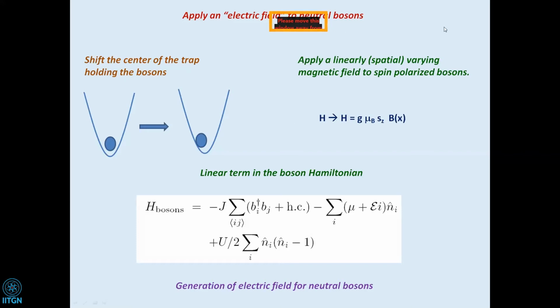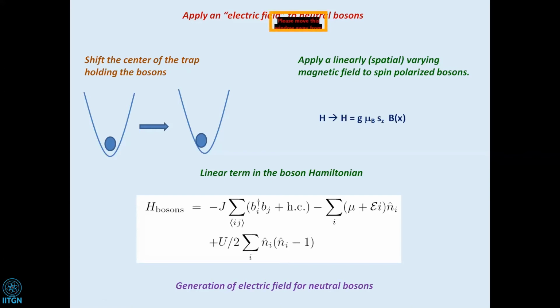The other way, which people now use, is to put in a Zeeman magnetic field for these atoms. As I said, these 87 rubidium atoms are essentially in a spin polarized state, in an F = 1 hyperfine state.